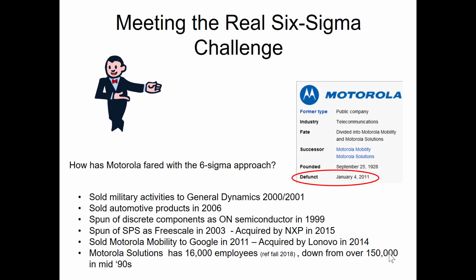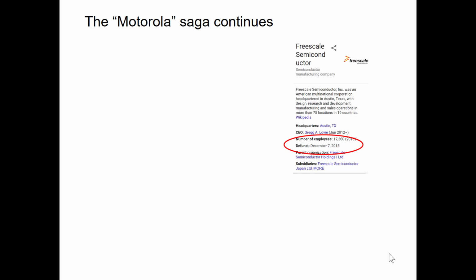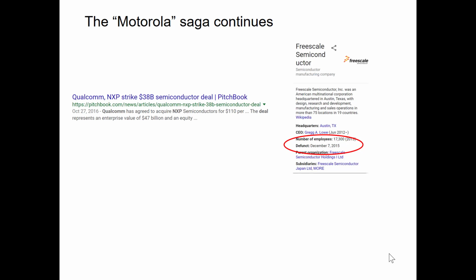Motorola Solutions now has 16,000 employees. It's down from 150,000 they had in the mid-1990s, about the time they were doing this work. Wow. Motorola has really changed, hasn't it? The Motorola saga continues. Remember, NXP was the semiconductor product sector.